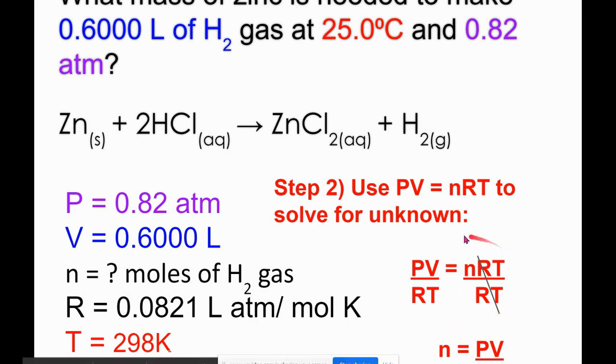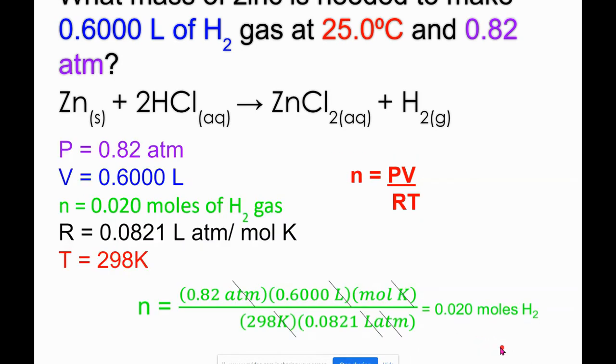And again, I've shown that work to get n all by itself, or the number of moles all by itself. You're going to divide both sides of the ideal gas law by RT. And so here at the bottom of the slide would be the equation you're going to use to solve for the number of moles.